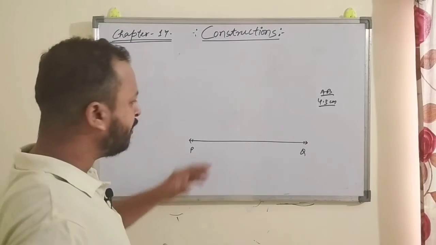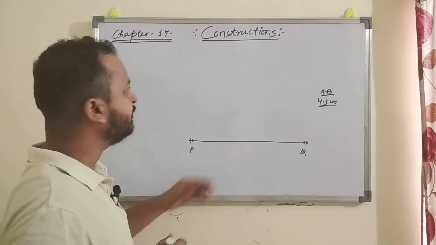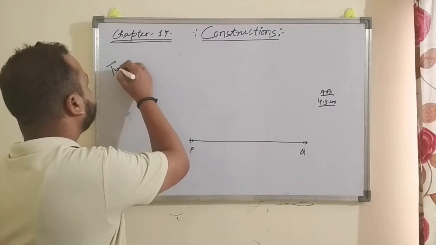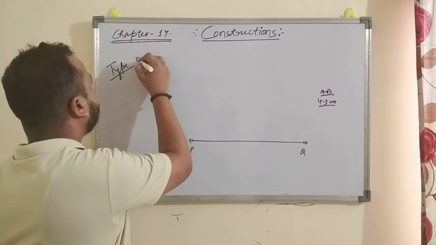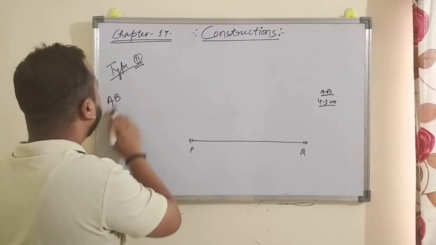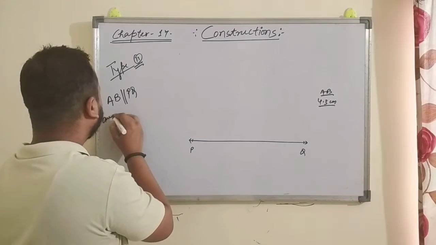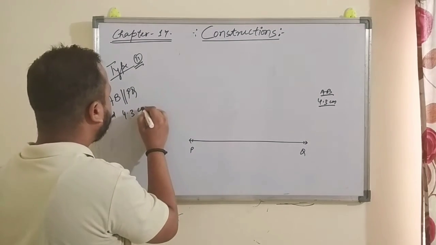So what you have to do is, to construct this type of line, means this was type 2, right? So you have to construct AB which is parallel to PQ and 4.3 centimeter apart.